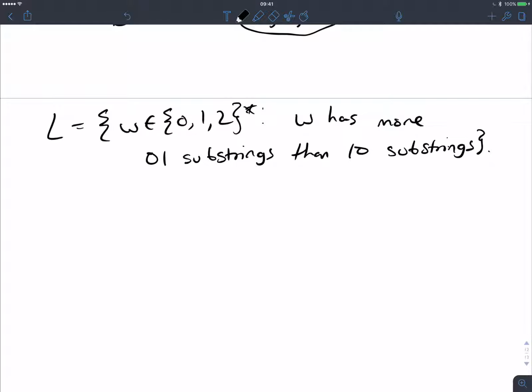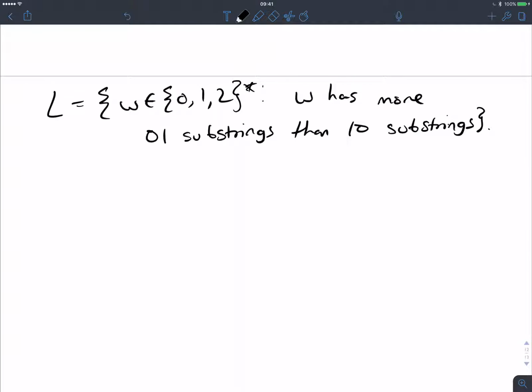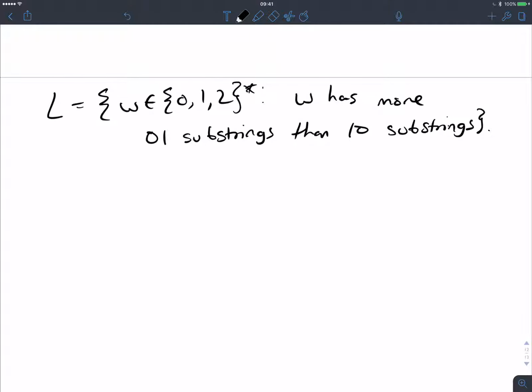No, because it would make an odd number of alternations between 0 and 1. So over {0, 1} star, this is the language where the string starts and ends with the same character. That's regular because it's in the problem set.